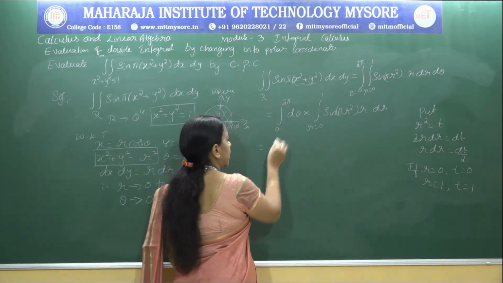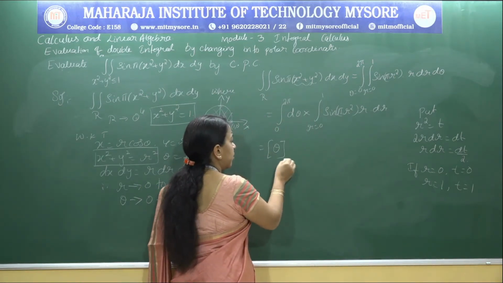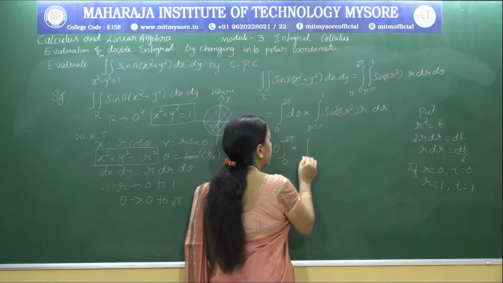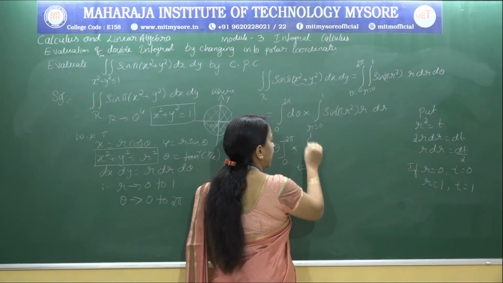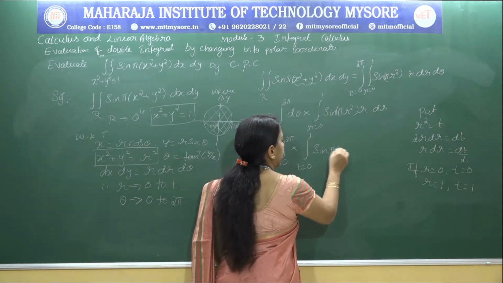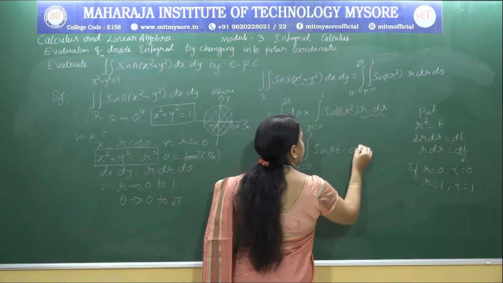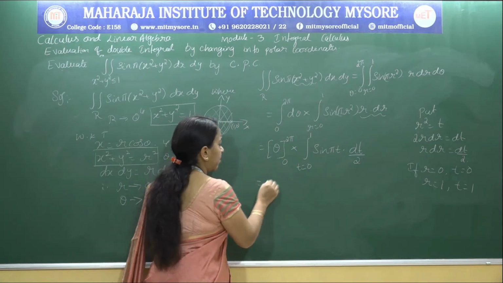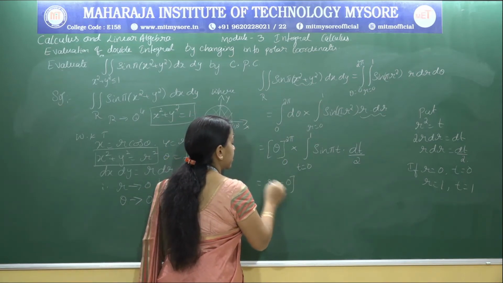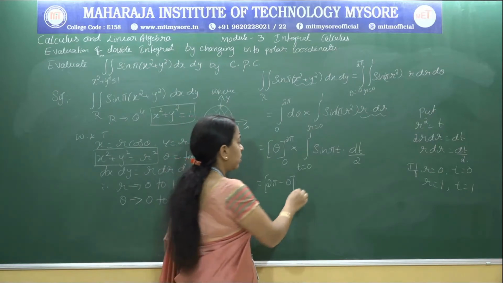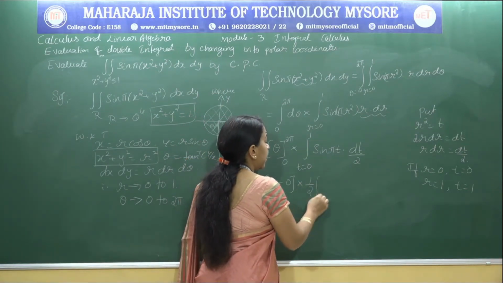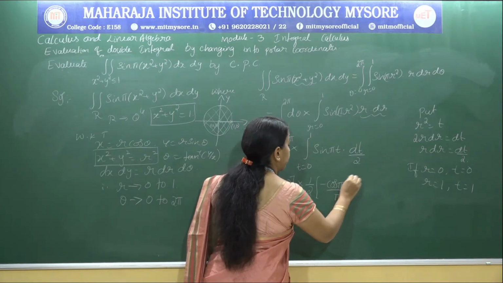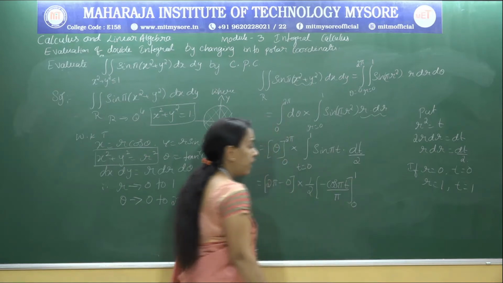Now substitute and integrate. The first one is d theta, integration of theta between the limits 0 to 2 pi, into the integral where t varies from 0 to 1 of sin pi t, and r dr can be replaced by dt by 2. So for the first part, applying the upper limit 2 pi, we get 2 pi minus 0, into 1 by 2 common, integral of sin is minus cos pi t by pi between the limits 0 to 1.